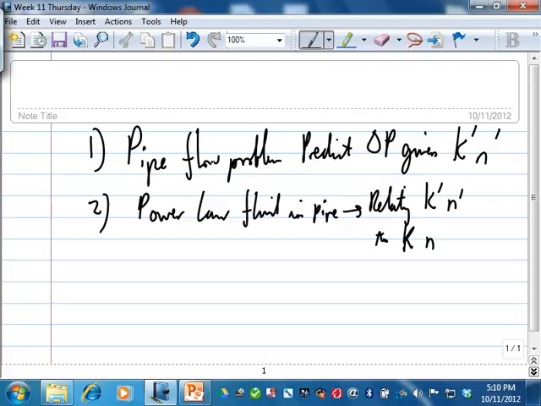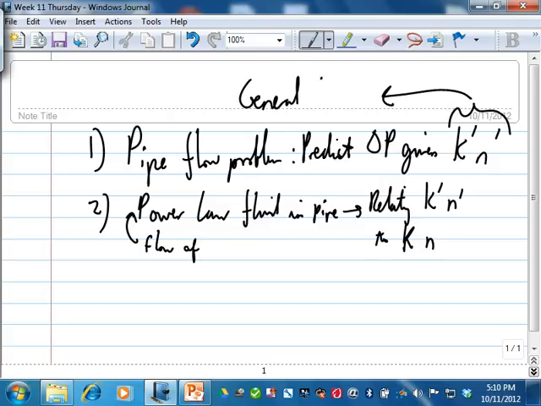Pipe flow problem. You predict delta P given K prime and N prime. Power law fluid in pipe. So flow of a general fluid. And number three, maybe we might look at a little bit of profiles.